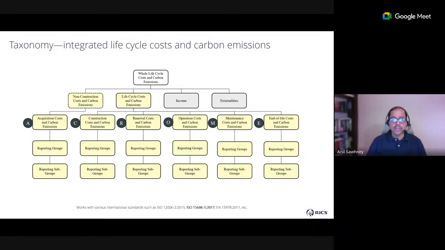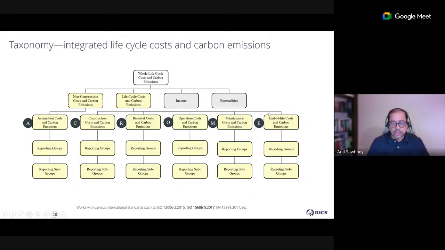The goal here is to come up with a taxonomy which is integrated for both cost and carbon emissions. You have operation costs and carbon emissions. You have maintenance costs and carbon emissions. You have end of life costs and carbon emissions. So these are your categories.